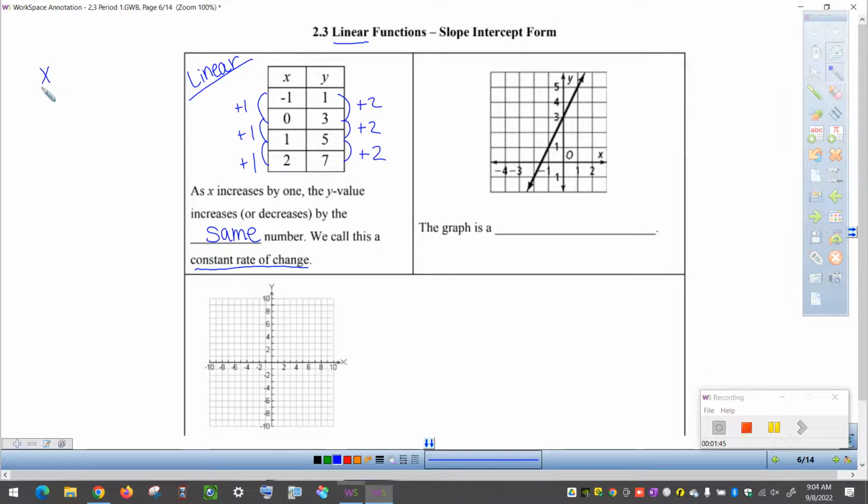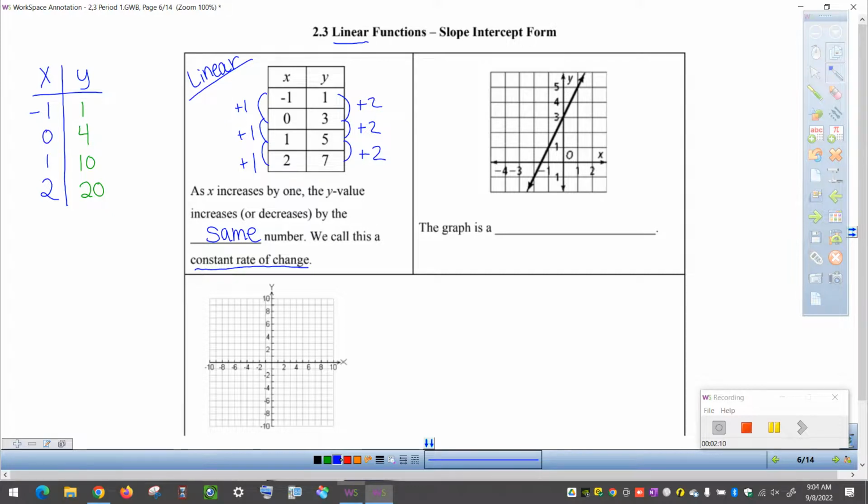Now, if we were to look at a counter example off to the side here of a different table, let's say that we have the same x values, but our y values are 1, 4, 10, and 20. This still meets the definition for a function. If this was in our card sort, we could put it on the function side.